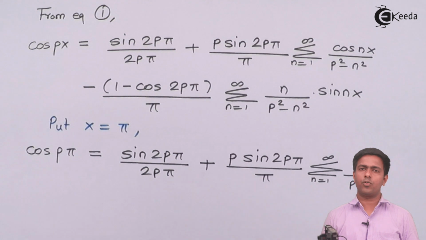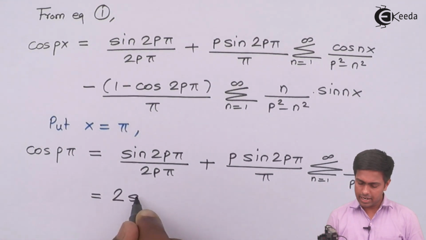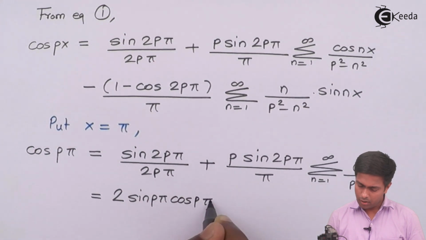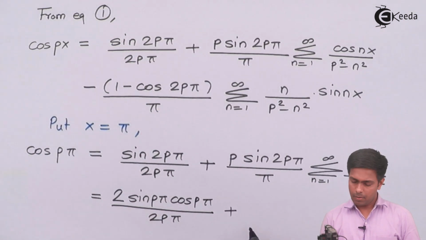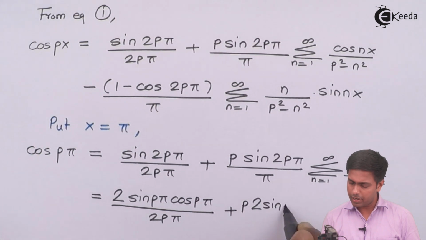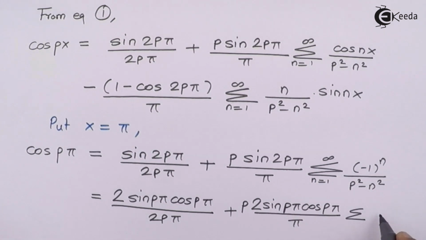So I can say sine of 2p pi is 2 times sine p pi into cos of p pi upon 2p pi plus p into 2 times sine of p pi into cos of p pi upon pi into summation negative 1 to the power n upon p square minus n square.